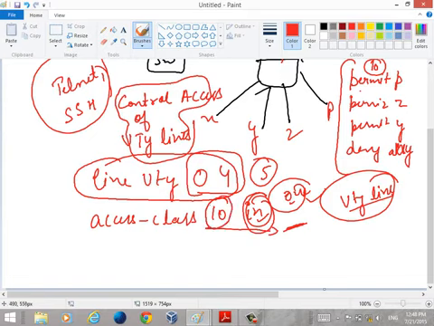If the user is permitted in the ACL, only then a line is given to the user. If the user is not permitted in the ACL, a line is never provided to the user. It means we are controlling access of VTY lines. This thing is clear?